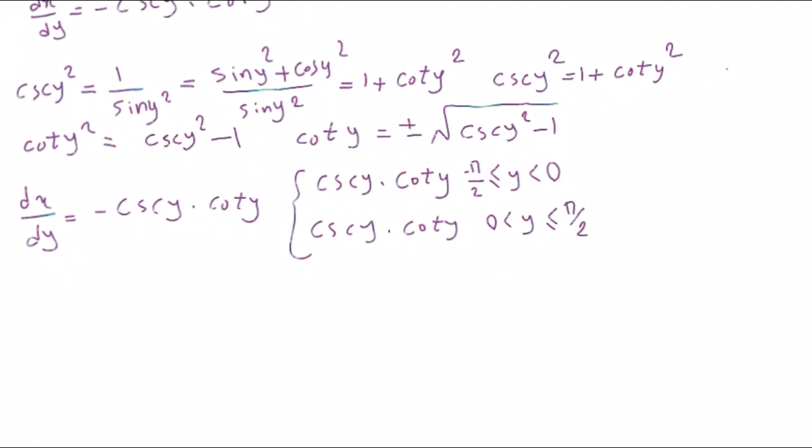When y is greater than or equal to negative pi over 2 and less than 0, cosecant y is 1 over sine y, which is negative, and cotangent y, which is cosine y over sine y, is negative too.